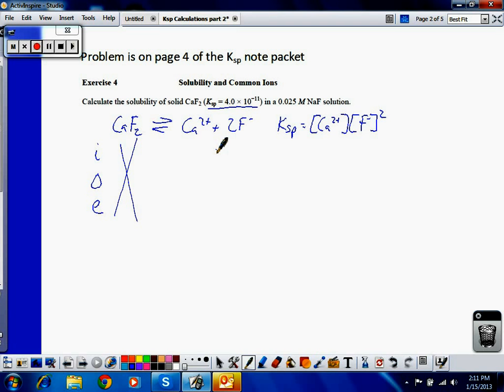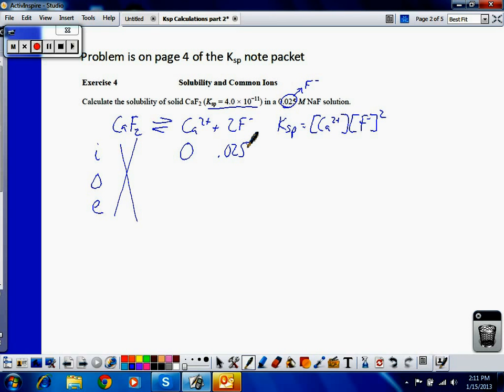But right now we have a solution of sodium fluoride, which means there are already some fluoride ions there. So there aren't any calcium ions, but I have a concentration of 0.025 molar fluoride ions, because there's one fluoride ion in this formula. So my initial concentration, instead of being 0, is 0.025.